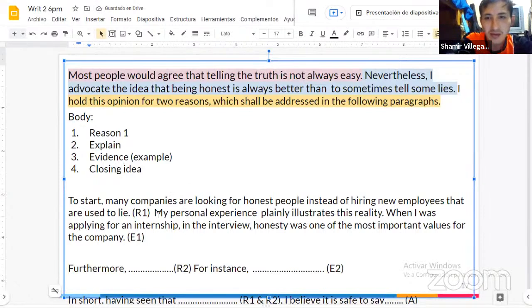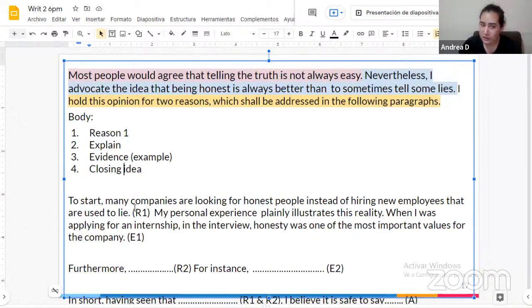I like the fact that it's a personal experience, and I was gonna get there in a minute. So before we get into the example, this is your reason, right? Many companies are looking for honest people instead of hiring new employees that are used to lie. So that is great. I would say you're inverting the order. This is the explanation of the reason. Now I want you guys to know that in your body, before the example, you need to make sure that you're really showing how your reason, in this case that companies look for honest people, is connected to your opinion that it's always better to tell the truth.